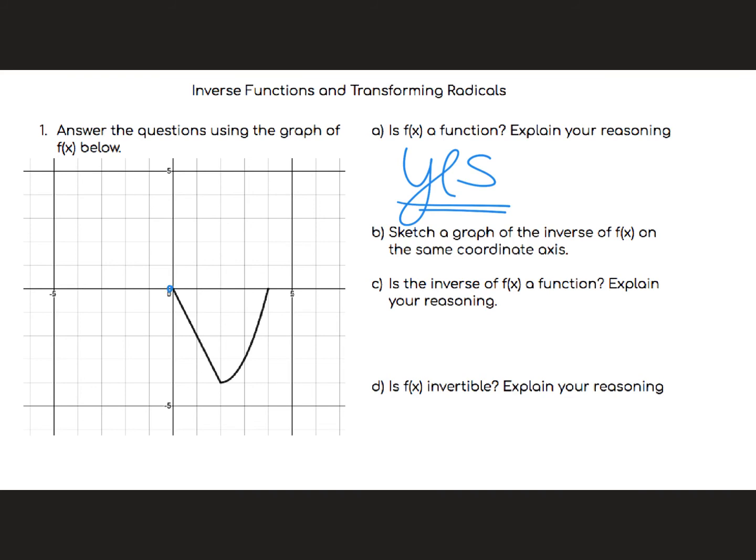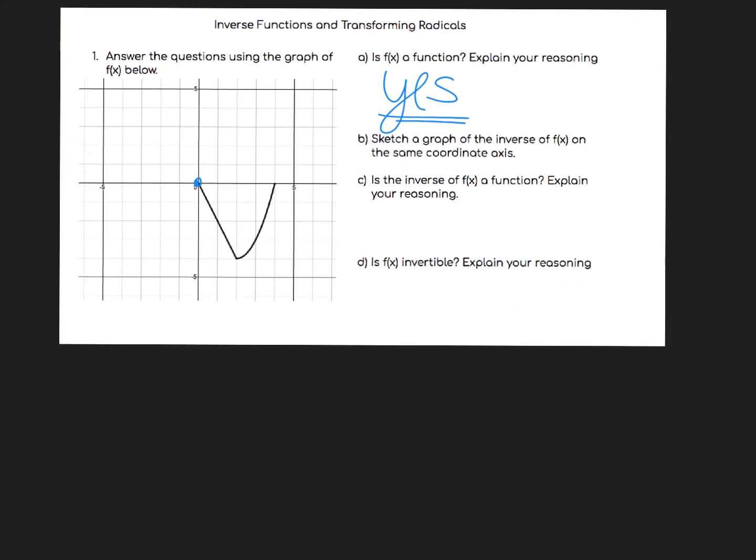So I've got the point 0, 0, so that's going to stay there. I've got the point 1, negative 2. Actually, why don't I do this? This might help you. I'm going to make a table. X, f of x. 0, 0, 1, negative 2, 2, negative 4, 3, negative 3, and then 4, 0.